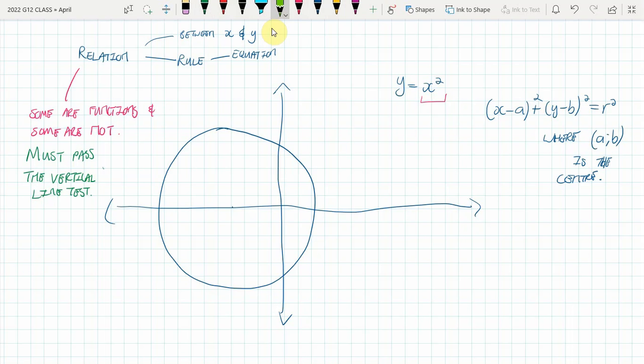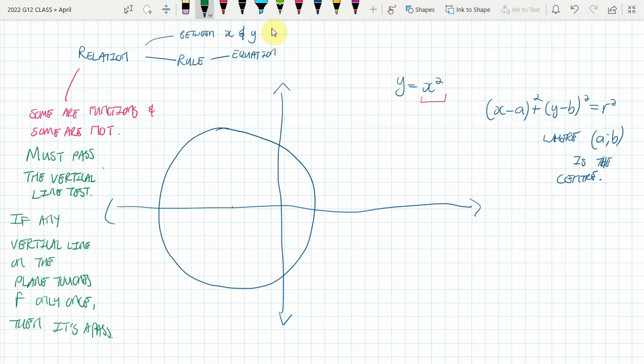You pass this test if any vertical line on the plane touches f only once, then it's a pass.